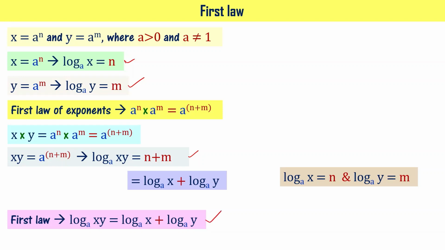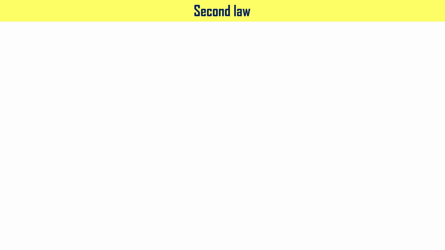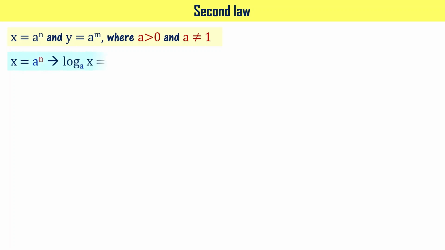Let's take a look at the next law, that is the second law of logarithms. Let's say that x equal to a power n and y equal to a power m. We have just seen that x equal to a power n can be written as log of x to the base a equal to n. Similarly, y equal to a power m can be written as log of y to the base a equal to m, right?